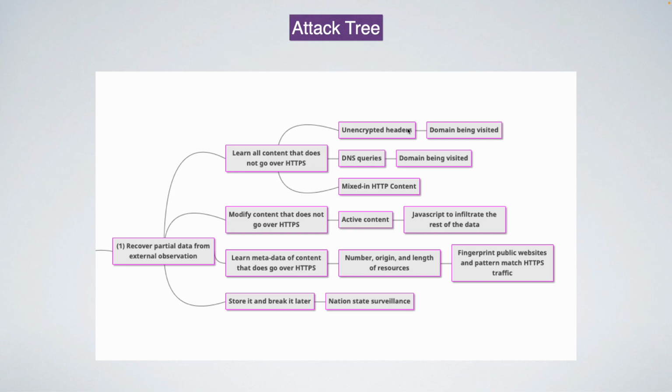The header is a fancy way of saying the outside of the envelope. We know what domain is being visited. If we see the DNS query, we also know what domain is being visited. And any content that gets mixed into the website that's not served over HTTPS, we could also see, like those flags or images or things like that.